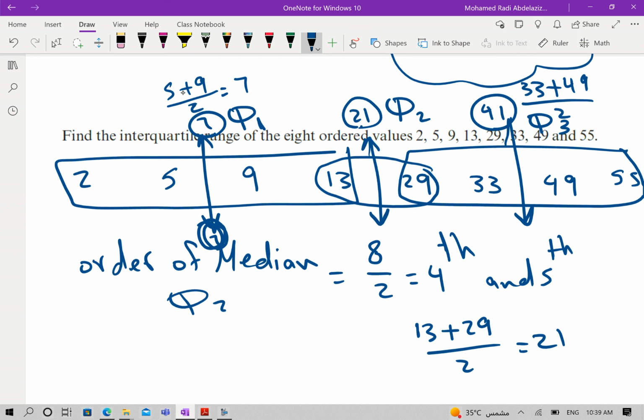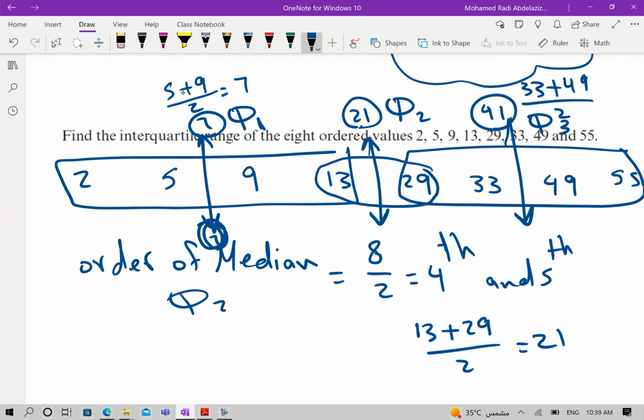Identify Q1, Q2, Q3. We start first with Q2, which represents the median. n divided by 2 is 4. If it is whole, we have two medians; find their average. Find the fourth and fifth, their average, 21. This represents the median. We divide the set of values into two.